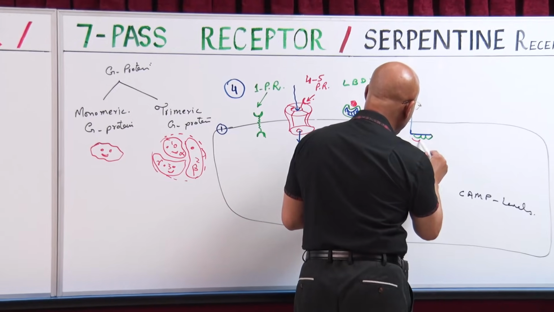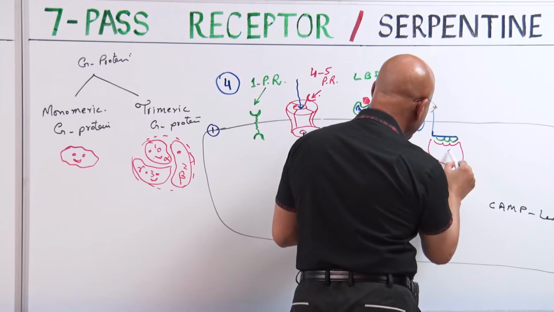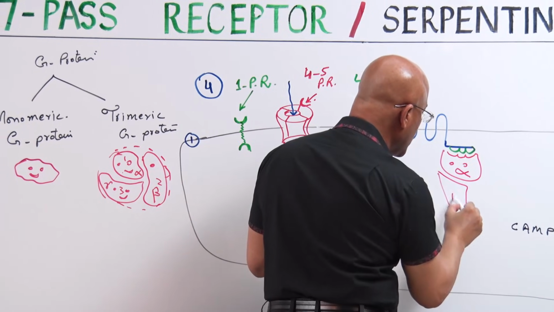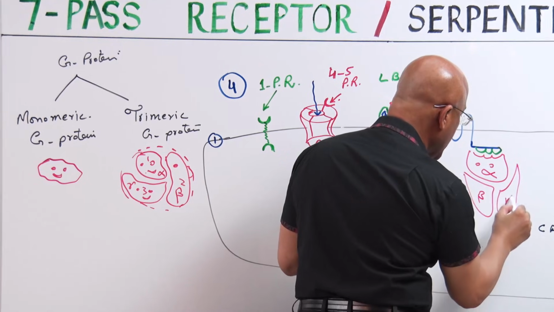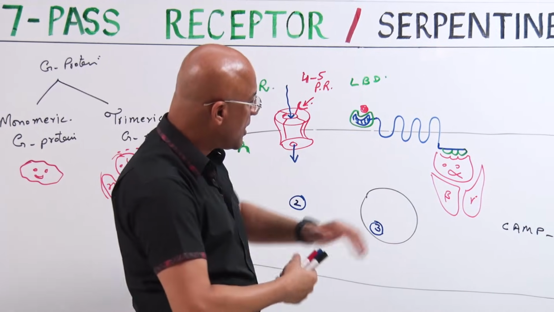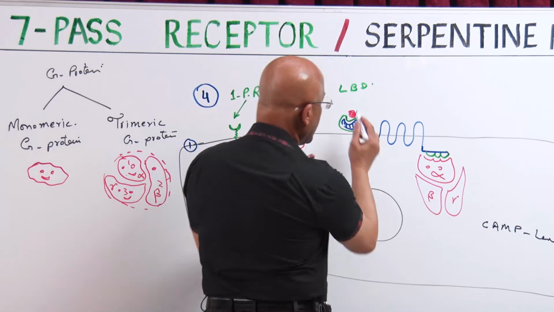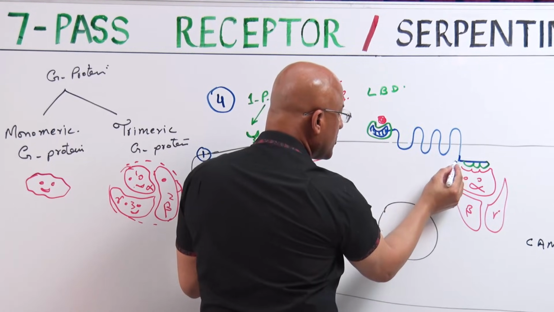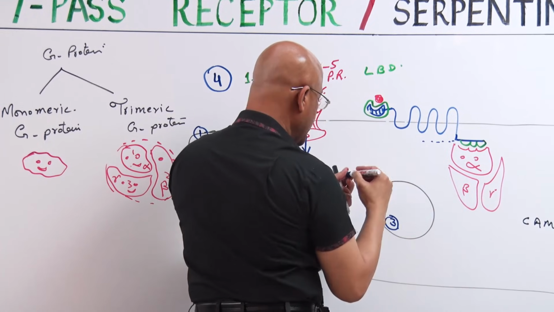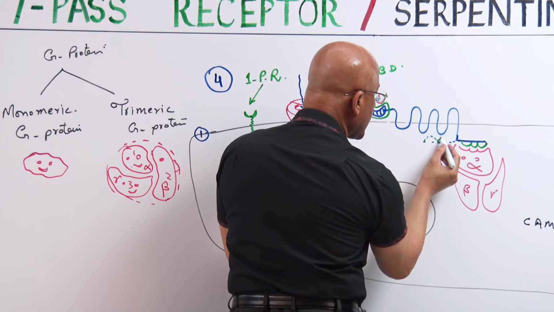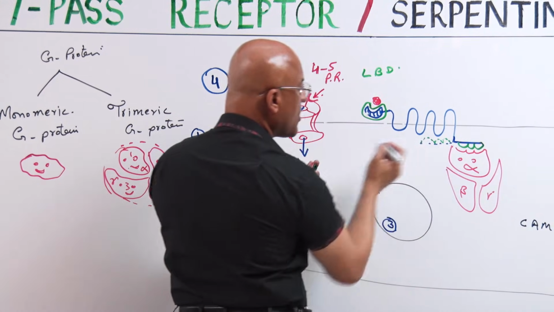Trimeric G protein. This is alpha component, right? And here is, let's suppose, beta and gamma component. So basically, they expose a site. Of course, if you remove the ligand, this will go into this configuration. And if it is in this configuration, do you think G protein can bind here?